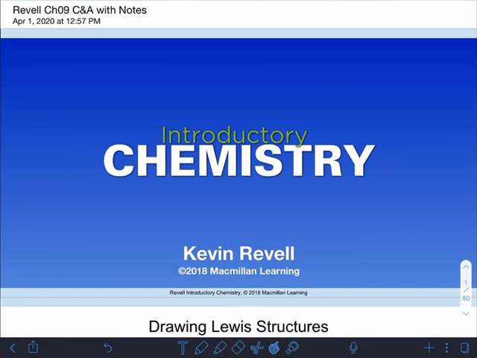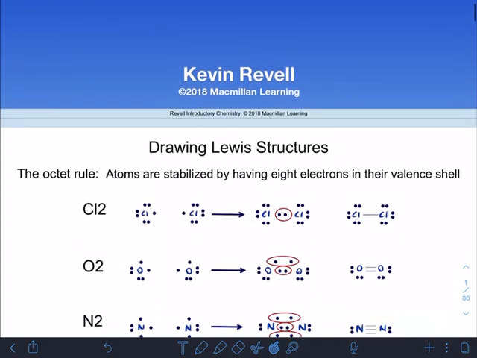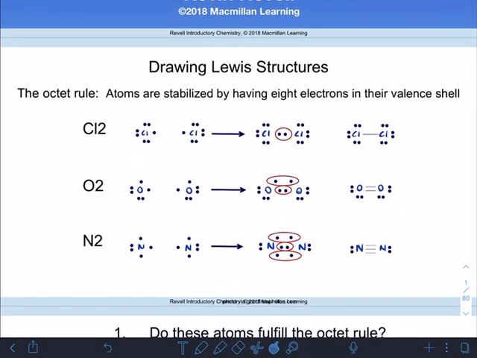But as we go through these slides, whenever we approach a question that would be on one of those worksheets that I hand out in class, I'd like you to hit pause on the recording, try to work out the problem, and then press play again and follow along and see how you did. Okay, so Chapter 9 is all about drawing molecules, basically.